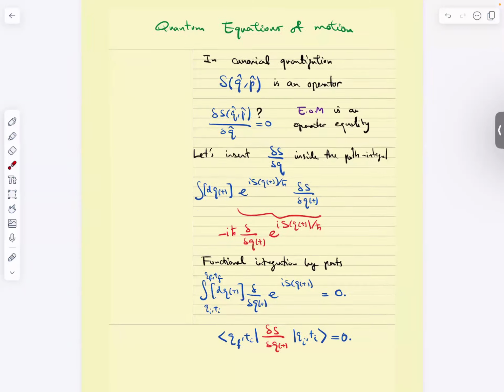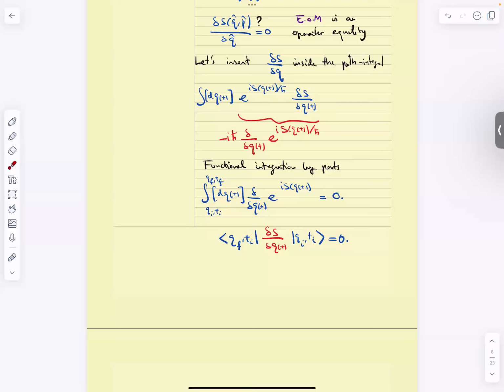Think about that. So we learned that this is going to be zero. But what is this? Just do the derivatives. You're going to get the integral of del S del q of t, times the path integral measure d q of t, from q_i to q_f, is zero.